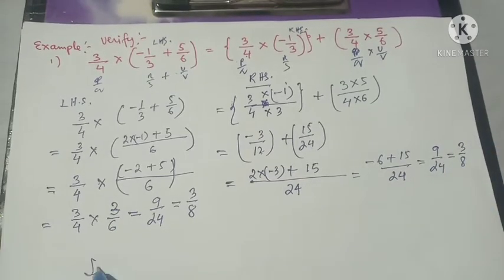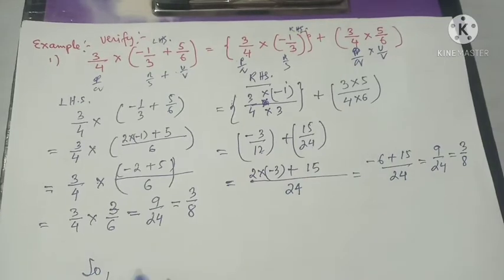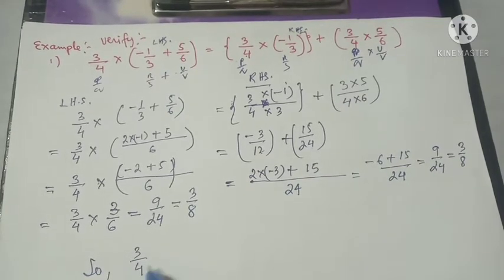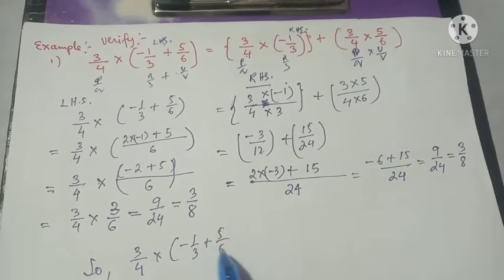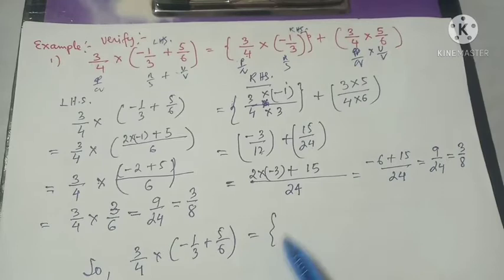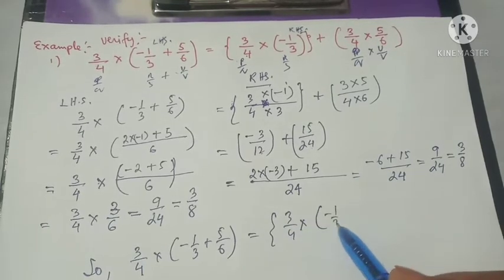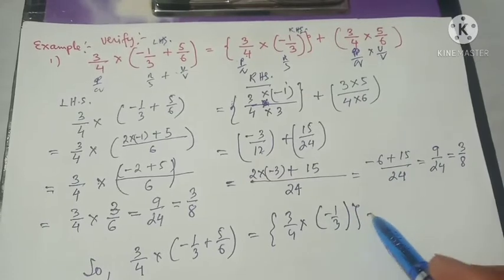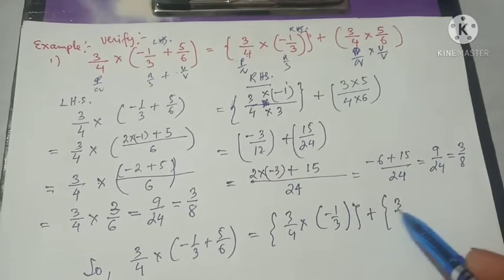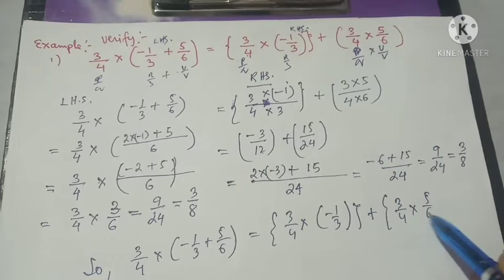So here we can verify 3 by 4 into (minus 1 by 3 plus 5 by 6) is equal to 3 by 4 into minus 1 by 3 plus 3 by 4 into 5 by 6.